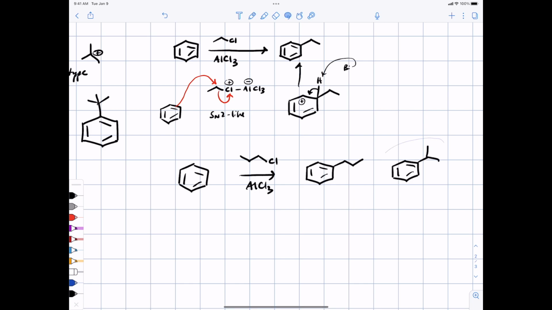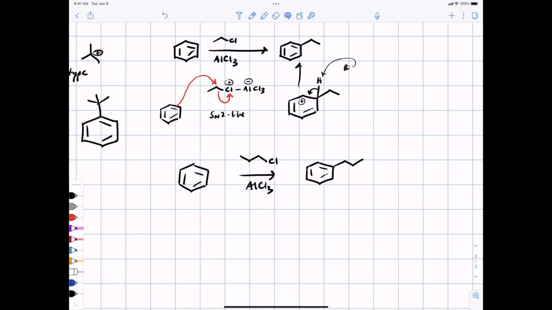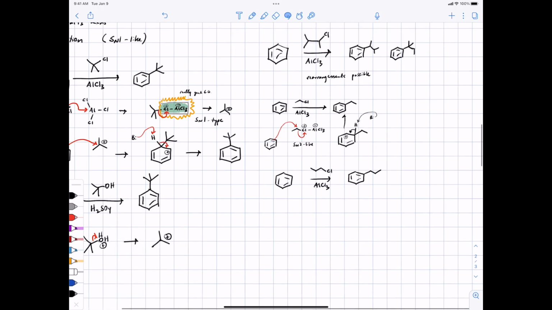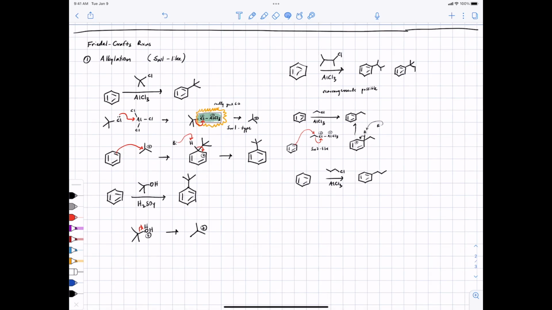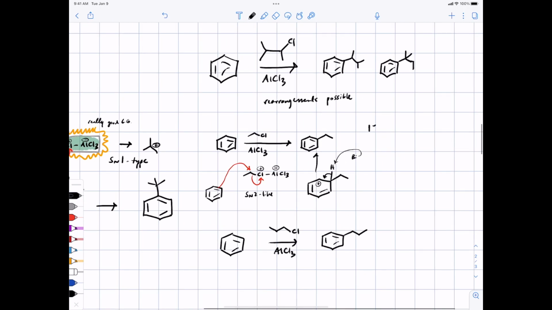We're going to pretend like that doesn't exist. So if you use a secondary or tertiary alkyl halide, the mechanism involves a carbocationic intermediate. If you use a primary alkyl halide, the mechanism is SN2-like, no carbocation, and we're going to pretend like the rearrangement doesn't happen.